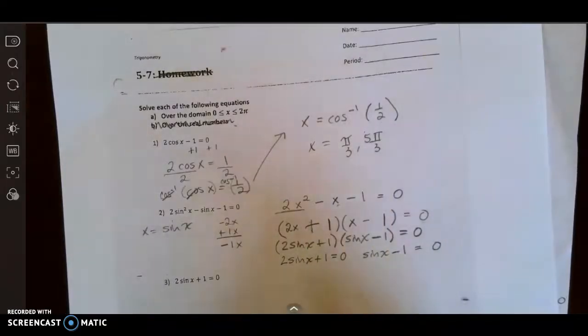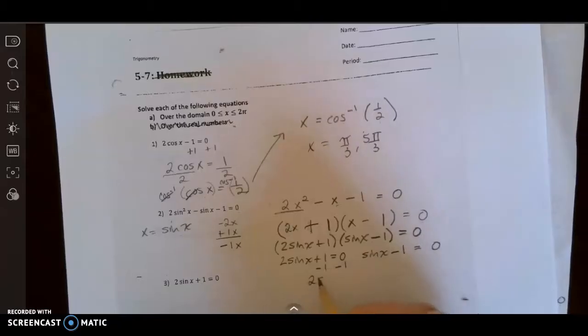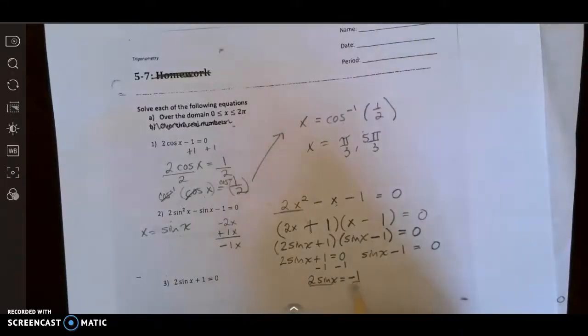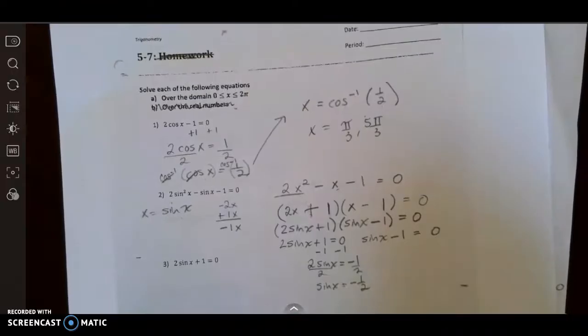Now I have to solve each of these. Subtract 1, and I get 2 times the sine of x equals negative 1. Divide by 2. Sine of x equals negative 1/2. And I take the inverse of each side, so x equals the inverse sine of negative 1/2.